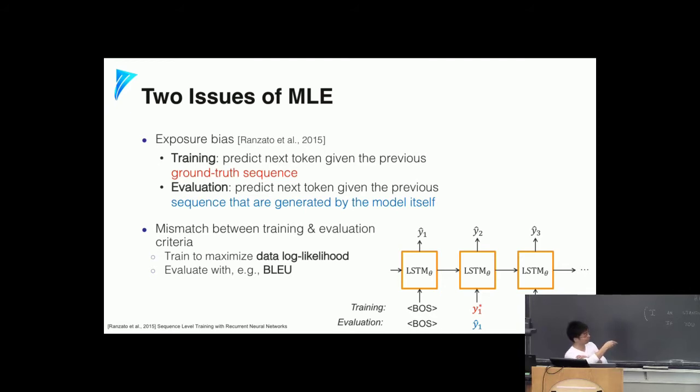That means you first generate the whole sequence by the model itself. So this is the same problem as in reinforcement learning, because you want the model to generate the whole sequence. And because this sequence space is very large, very likely this model will generate a low quality example.